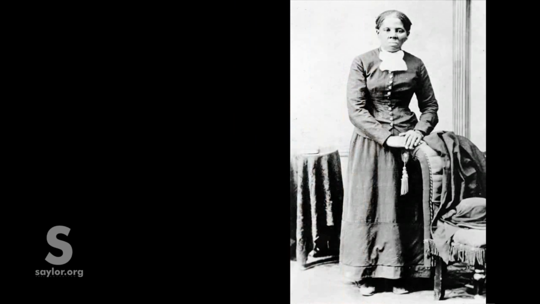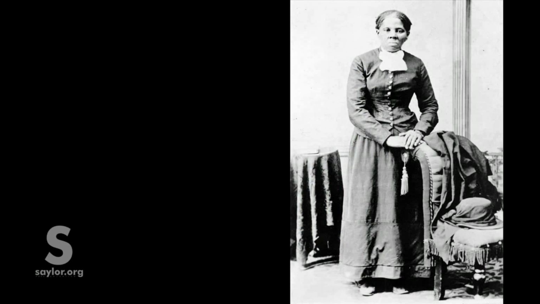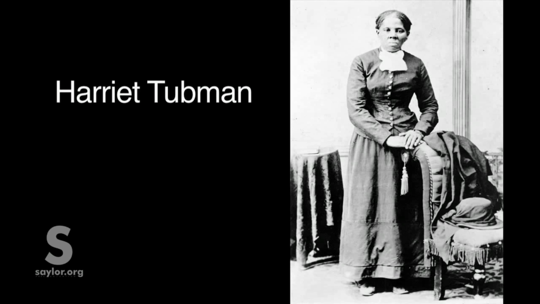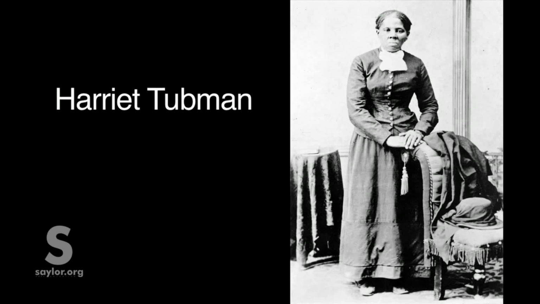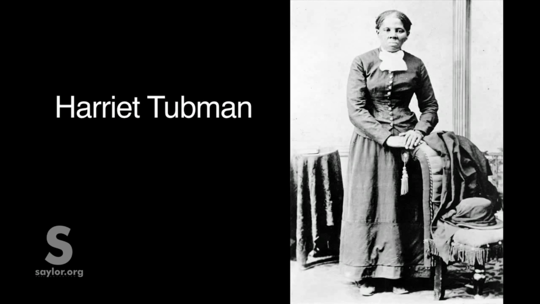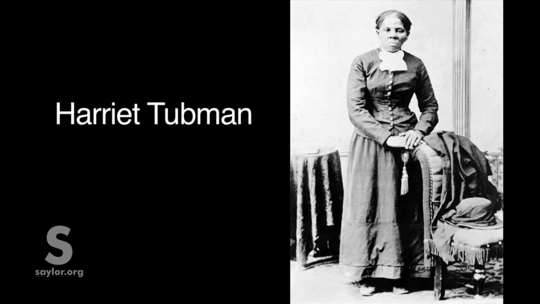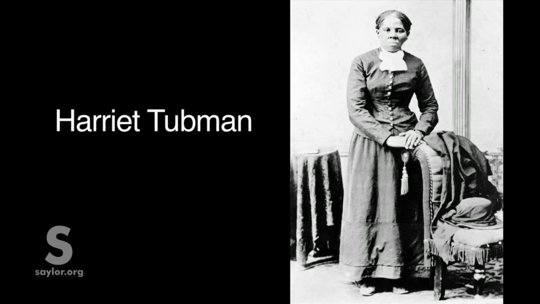And one person who stands out in the Underground Railroad was Harriet Tubman. Harriet Tubman was a woman who had been a slave at one point, and she found her freedom, but she became very actively involved in the Underground Railroad. In fact, in the 1850s, she went deep into the South on 19 different occasions to help slaves escape and find their way to freedom in Canada.